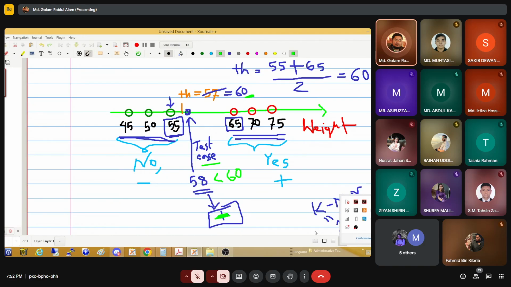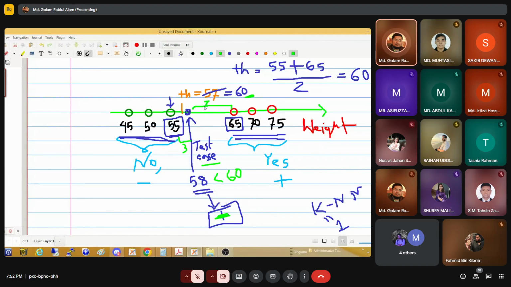Again, we try to use our explainer, KNN, and k is 1. So it will try to find the nearest neighbor. The nearest neighbor here is 55. The distance from 58 to 55 is only 3, and the distance from 58 to 65 is 7.